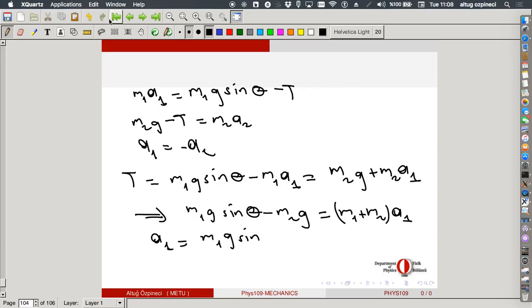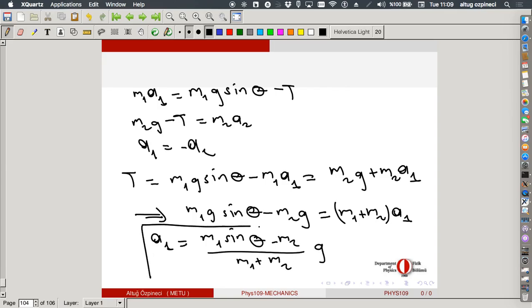Let me write it in this form: m1 sine theta minus m2, divided by m1 plus m2, times g. So we know a1. If you want, you can calculate a2, which is just the opposite of this one. And T, you can just calculate from here. We already know a1. So basically, we have solved the problem.